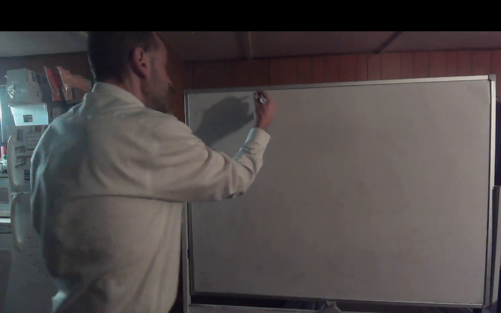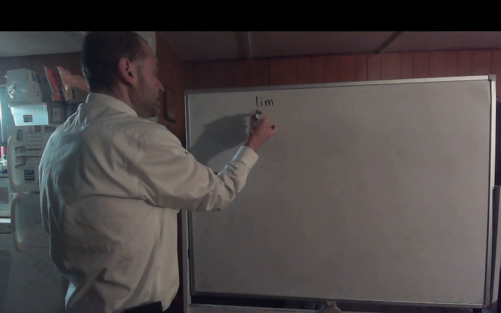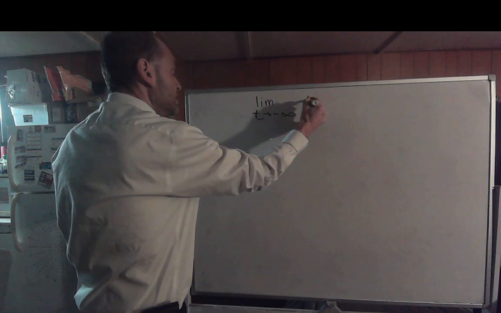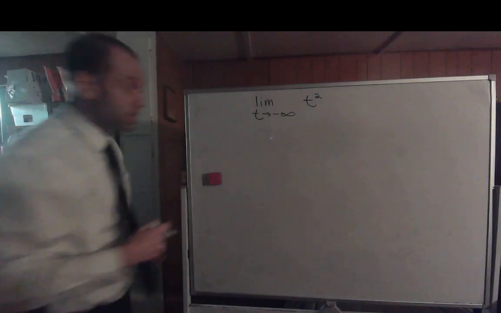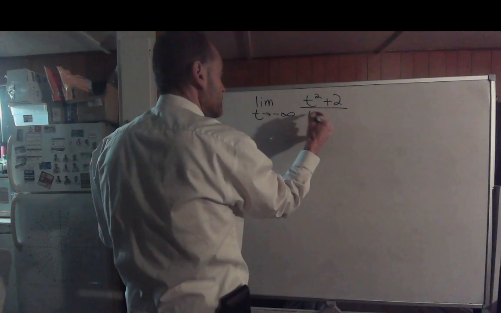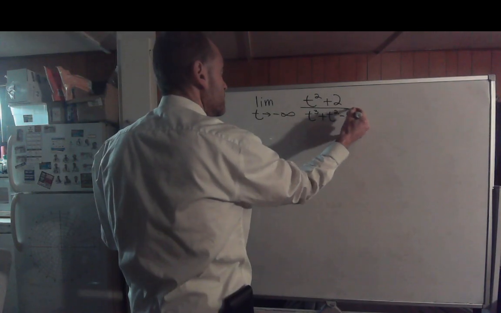Let's do one more where you have the degree of the numerator less than the denominator. Let's take the limit as t approaches negative infinity of t squared plus 2 all over t cubed plus t squared minus 1.